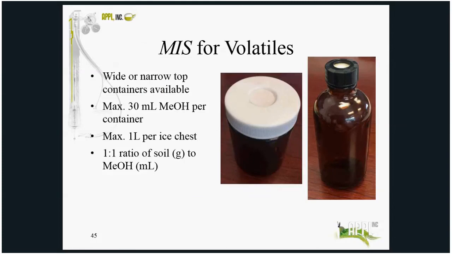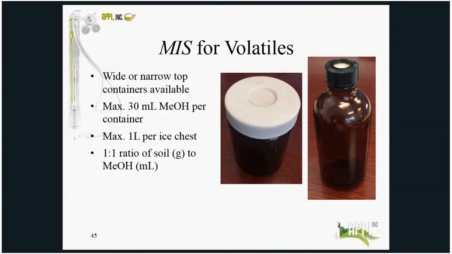Multi-incremental sampling can be used and is used for volatiles also. The laboratory generally provides the containers, and the containers can either be a wide top or a narrow top. These containers have methanol in them.